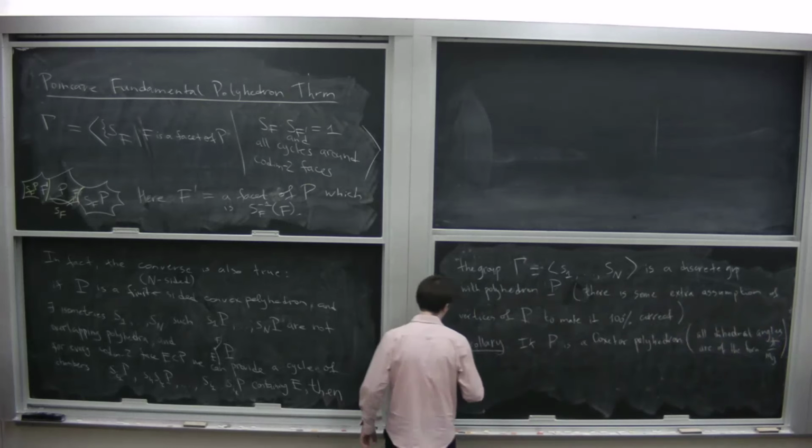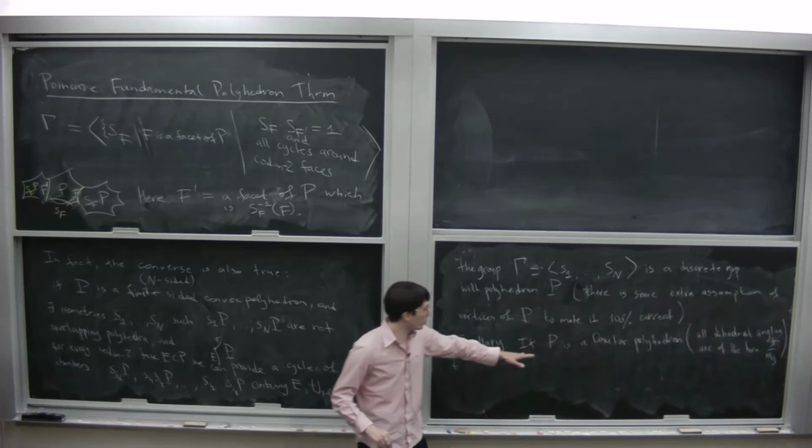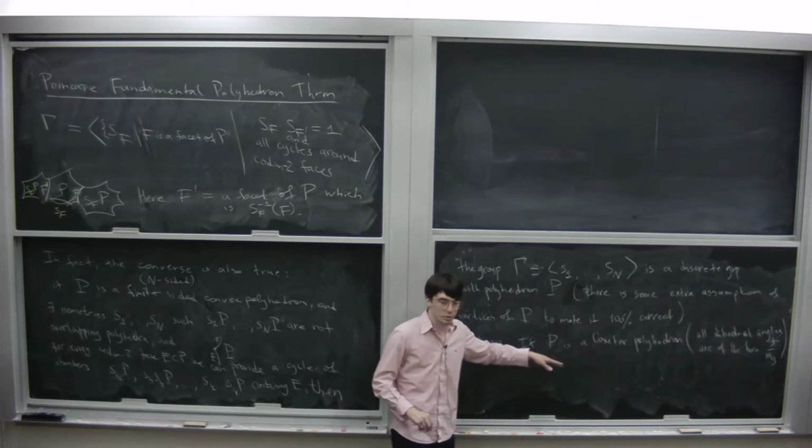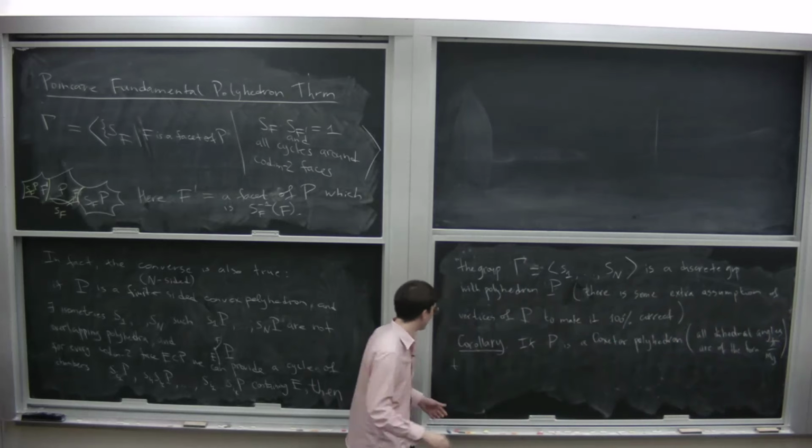Then the group generated by reflections in the walls of P is discrete, and P is its fundamental polyhedron.